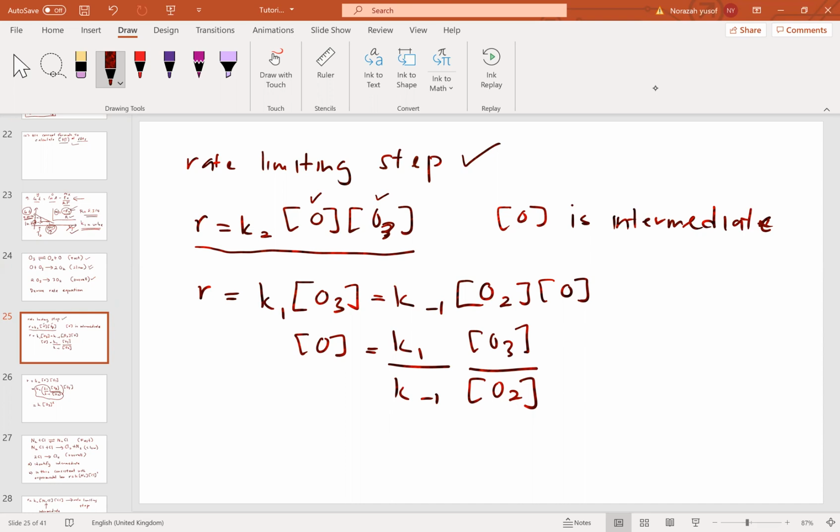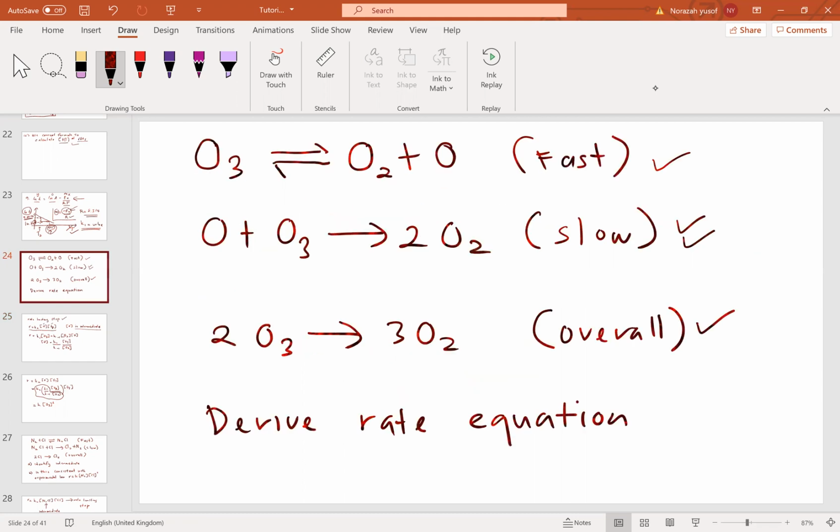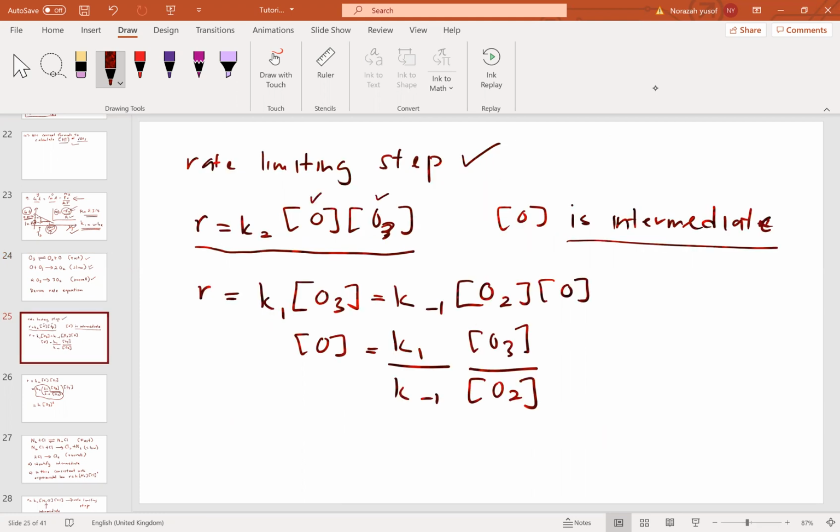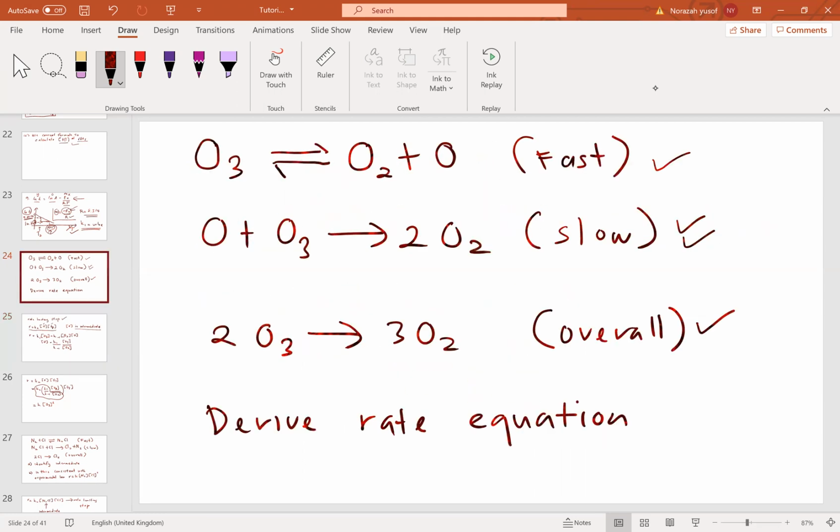There are rules that we have if it involves an intermediate: we have to replace the expression of the intermediate with something else. The way that we do it, if we look at the fast reaction, and it is a reversible reaction, we can write the rate for the reversible reaction.